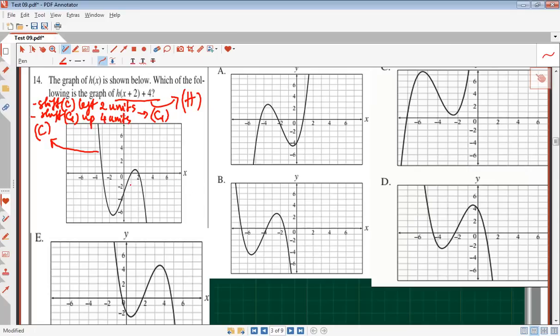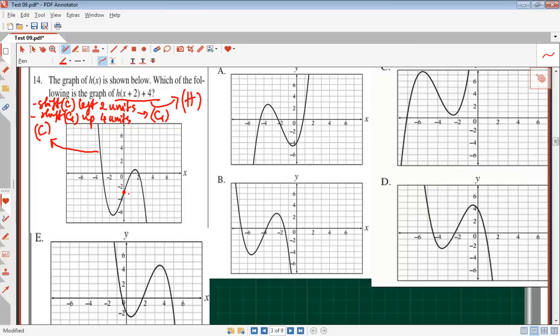And now we look at the graph C. We take this point. Maybe you ask me why do I choose this point? This point is special. It looks like the center of the graph.